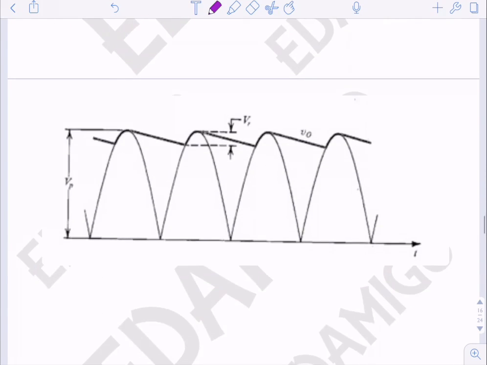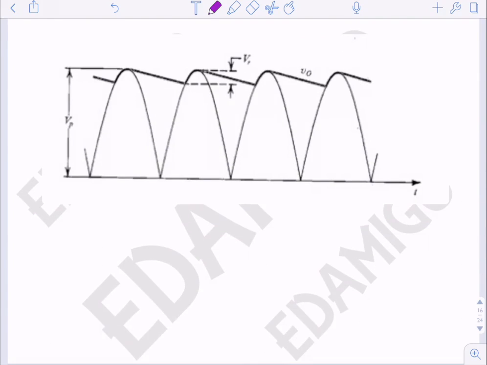Now let us say if we have a full wave rectifier, then what will happen? So the full wave rectifier circuit will be something like this. Okay, so this is your load RL, and in parallel to load RL, a capacitor will be connected.